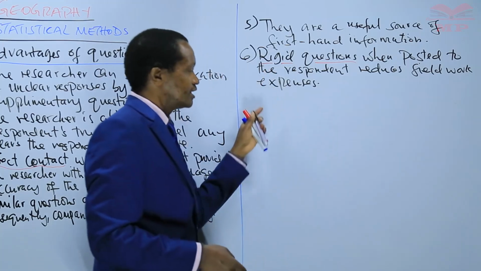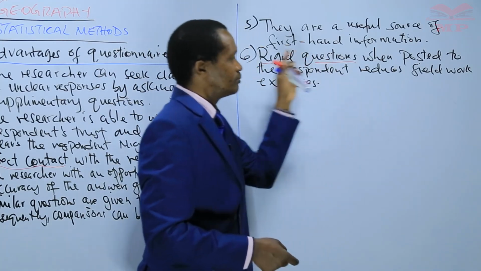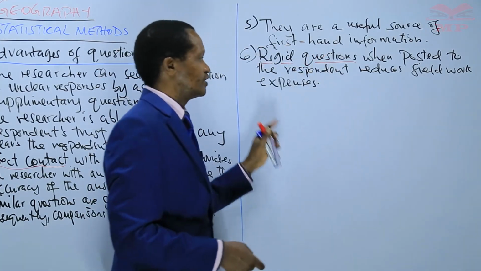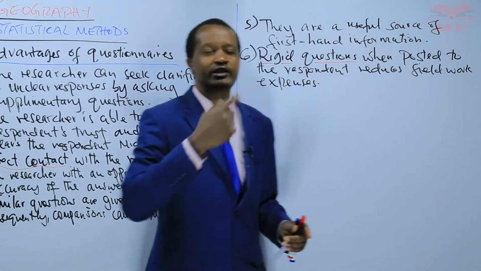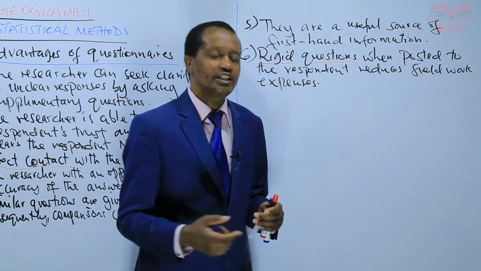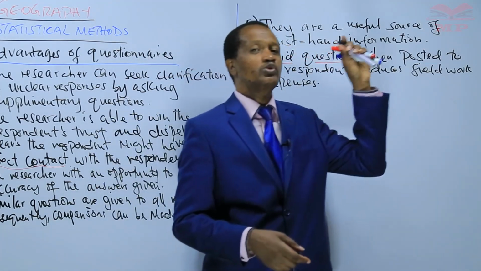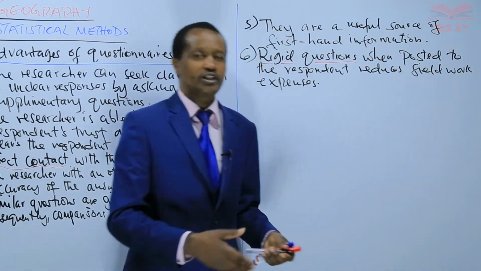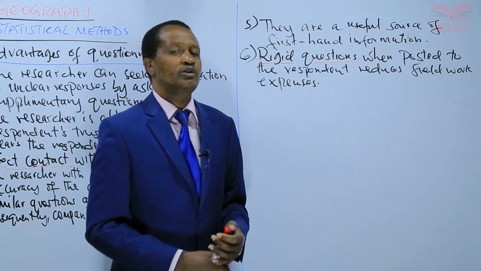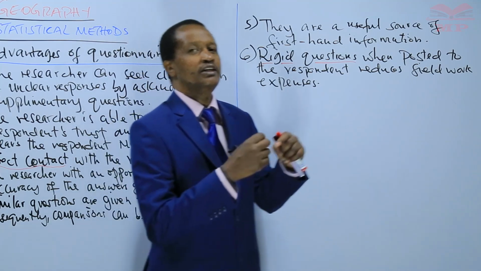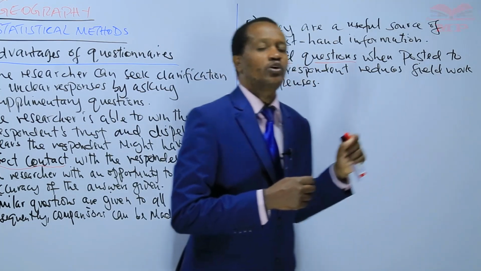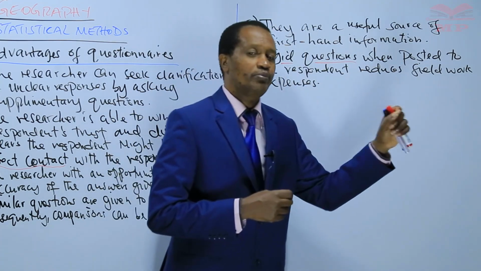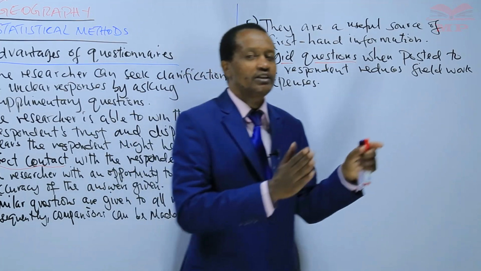So here we are saying that rigid questions, when posted to the respondent, reduce fieldwork expenses. That means that the researcher does not necessarily need to travel to the field in person. You can prepare questionnaires in written form, or send them in soft copy, or have them in hard copies.